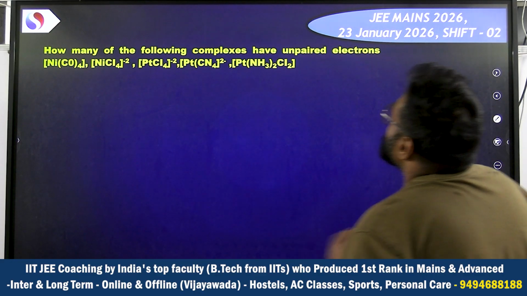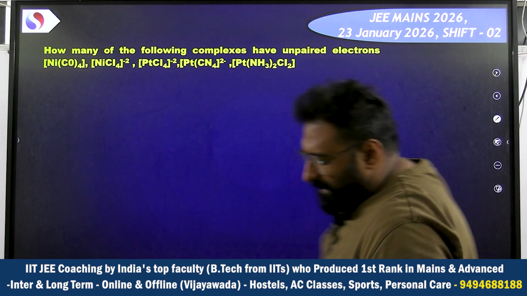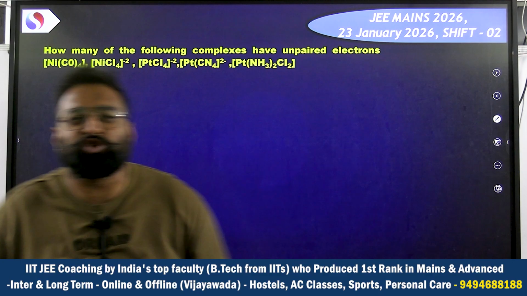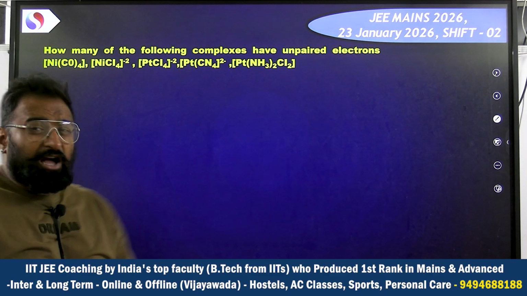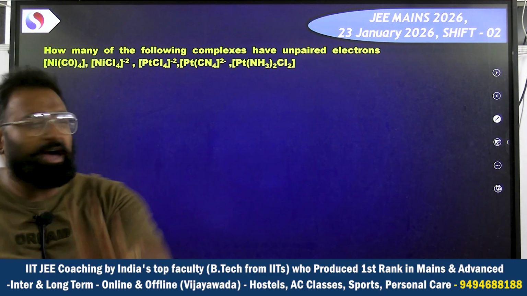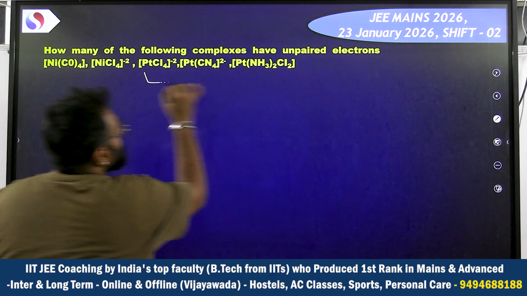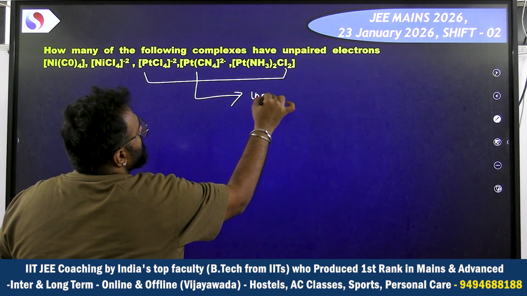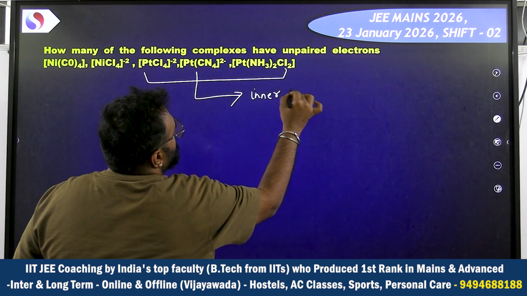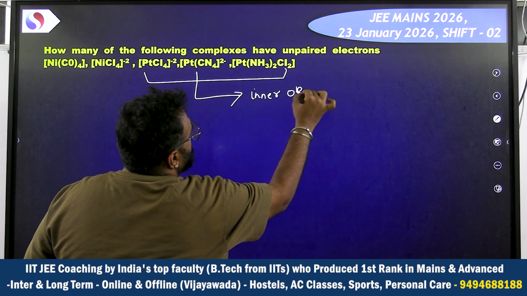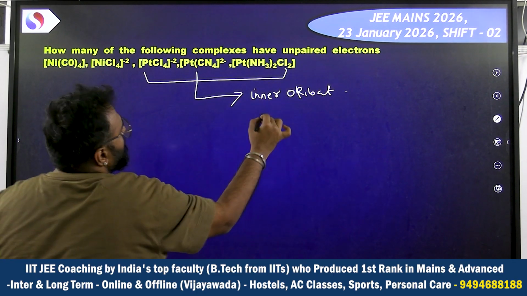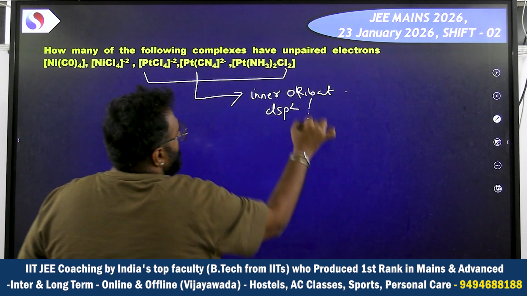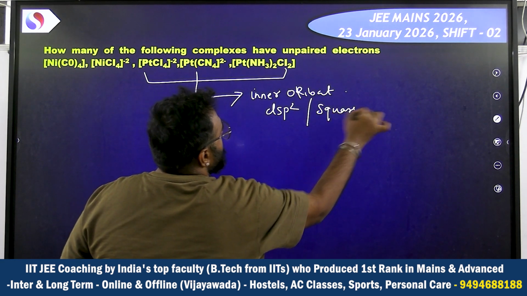Next, how many of the following complex have unpaired electron? Arey bhai, this is ultimate simple question. Matlab, if you read NCERT, you will understand that all the platinum compounds will have inner orbital, yani dsp2, and this will be square planar.